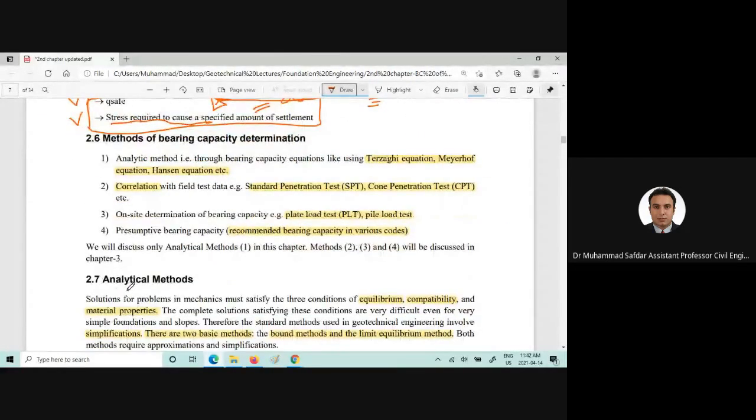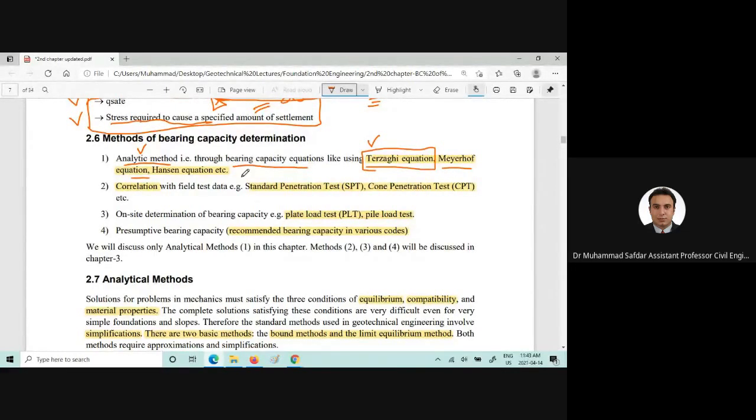Now, methods of bearing capacity determination. We will go in very good detail for the method of the Terzaghi bearing capacity equation today. The Meyerhof method, Hansen method, these methods are analytical methods to find out the bearing capacity of the soils.